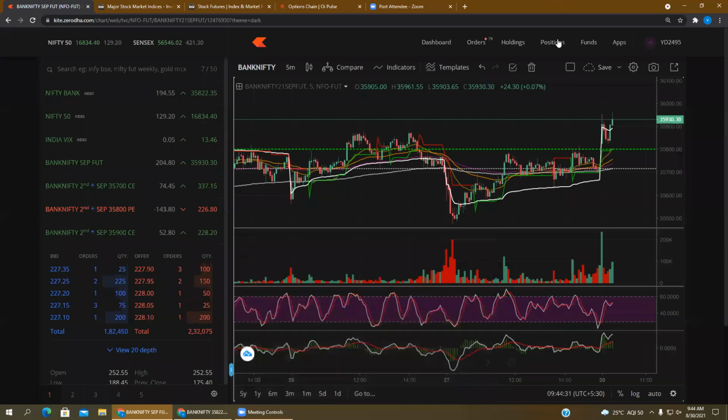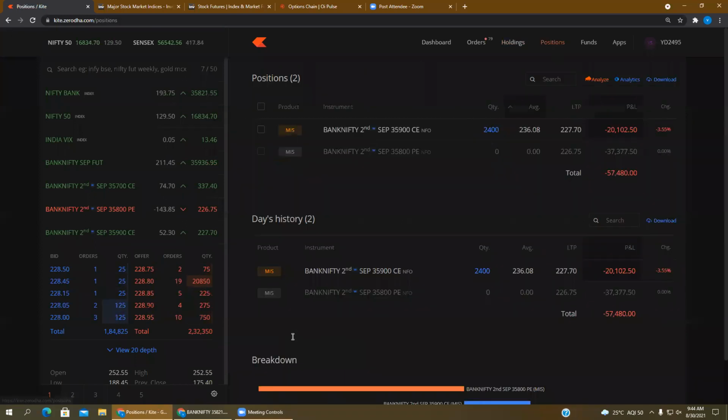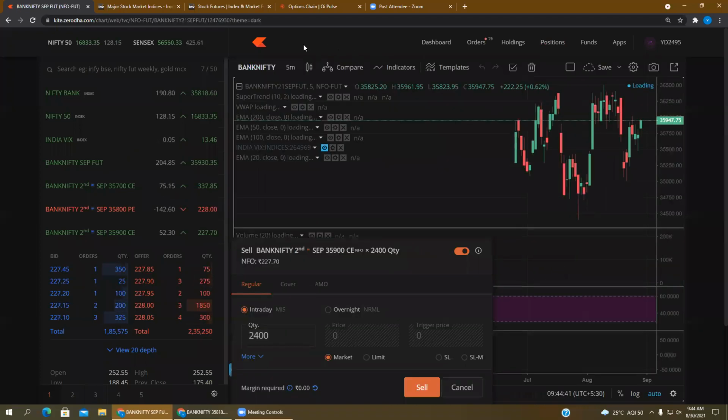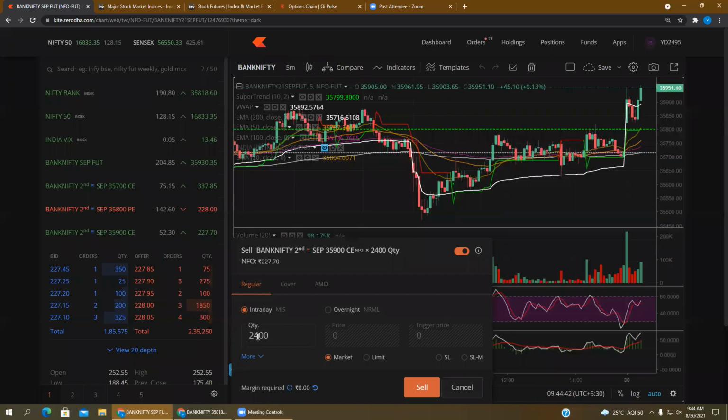It's not sustaining on the upside. Needs to sustain. Below 220 or 222, I will exit.